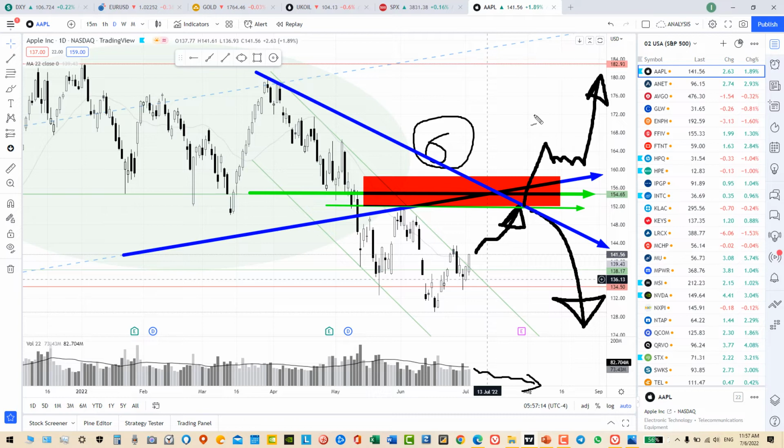And according to the market structure in general, as well as the bearish environment over most of the indexes, I think Apple will face strong resistance and heavy selling pressure around the 154 area, plus or minus $2, and this red zone will hit the stock hard and it will resume its downtrend and start an impulsive wave to the downside with targets much lower than 134.